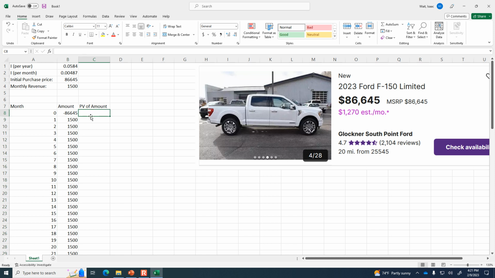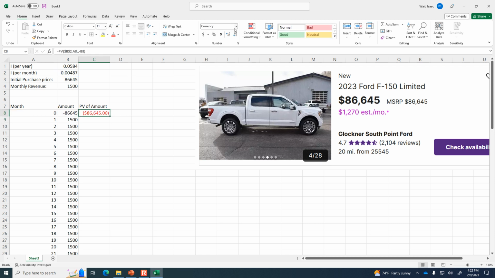Now PV, the interest rate we're going to use is the interest rate per month. I'll anchor the reference there so it always looks at that location. NPER is whichever period number we're in, so it'll be this particular month. Each of these amounts is treated as an individual future value, so we skip over the payment field, and it's the minus of the amount that's there, seen in the FV field.